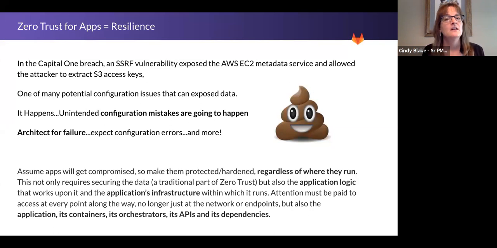But then instrument, monitor, detect, and protect the infrastructure in which they run, so that when something happens, not if, but when something happens, you can quickly take action and rely on some automation to build in some of that resilience and that security.